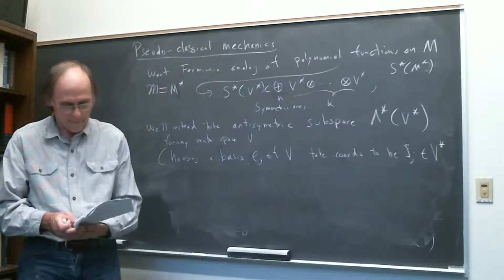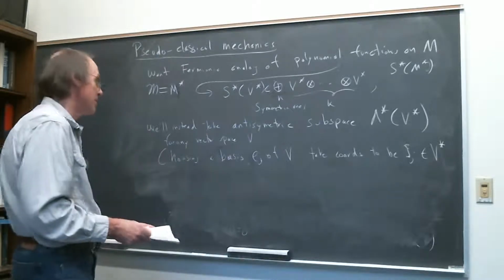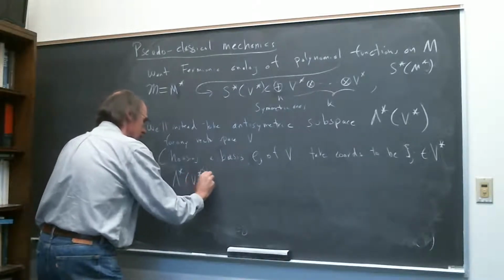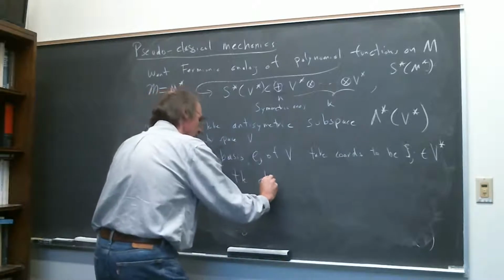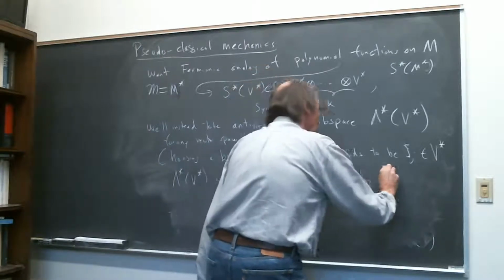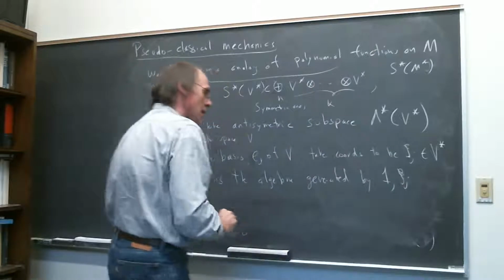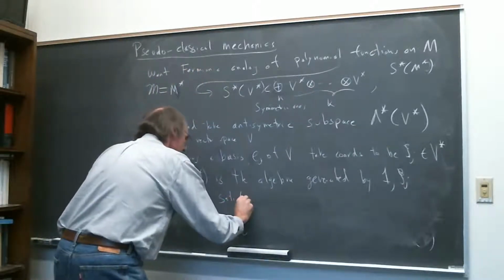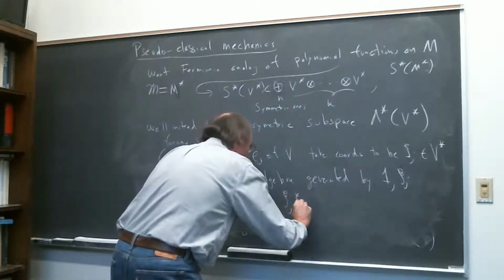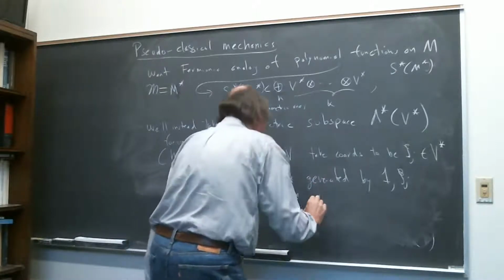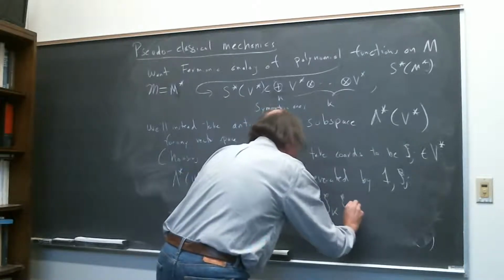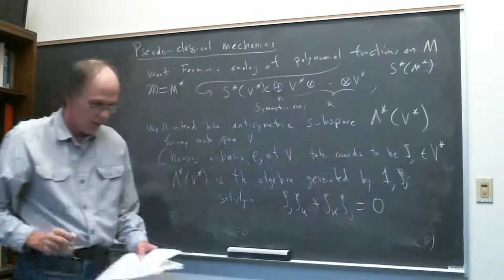So what you have are just the relations, and then this V star is the algebra generated by 1 and a_j, satisfying a_j a_k plus a_k a_j equals 0.